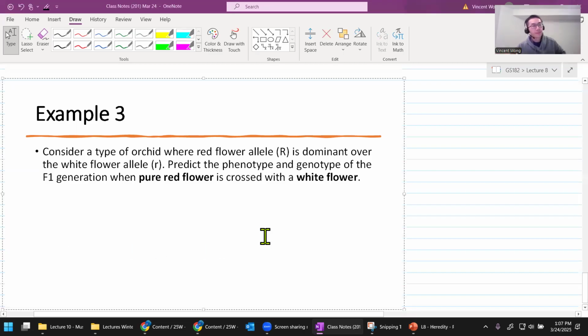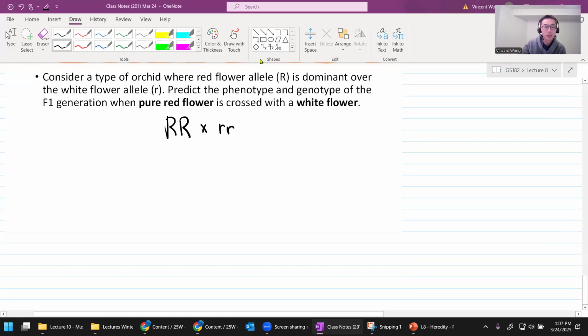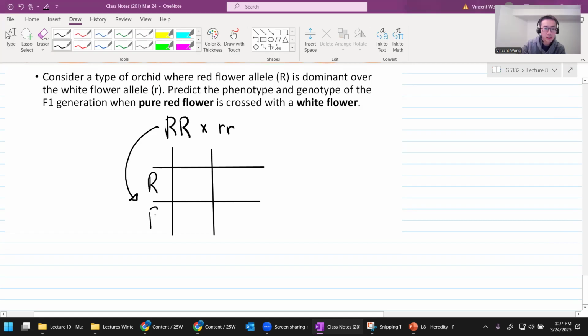All right, let's take this up. Pure red flower. That would be big R, big R. Pure is the same. Red is capital. And white is the recessive, so it can only be pure. And we do the Punnett square. Again, it doesn't matter which parent you put on the side and which one you put on the top.